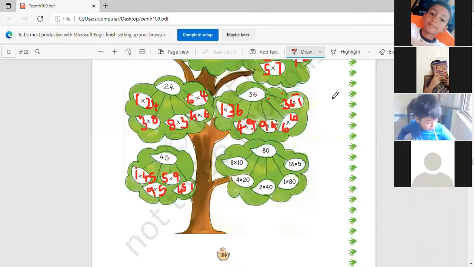Next, Kartika Durga. Kartika, 80 is the given number. 8 10s are 80, ma'am. Don't tell me what is given here. Tell me something else, as we have done till now.